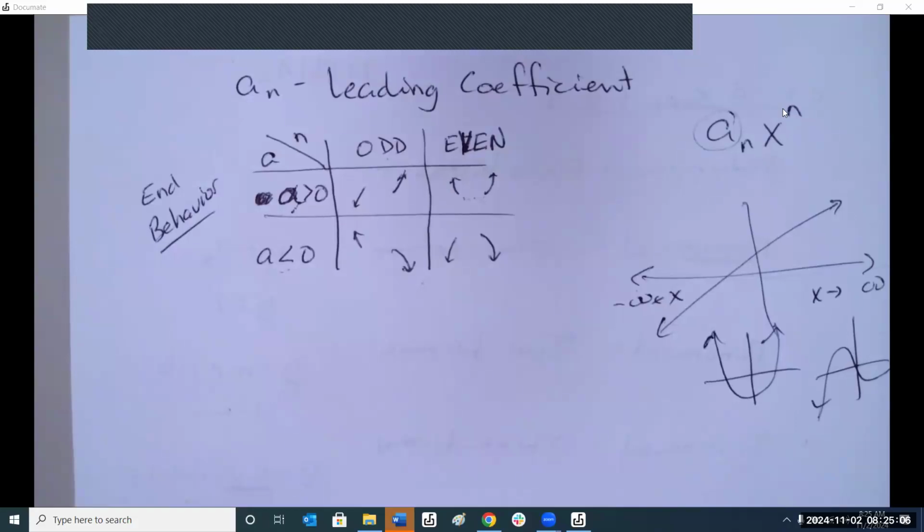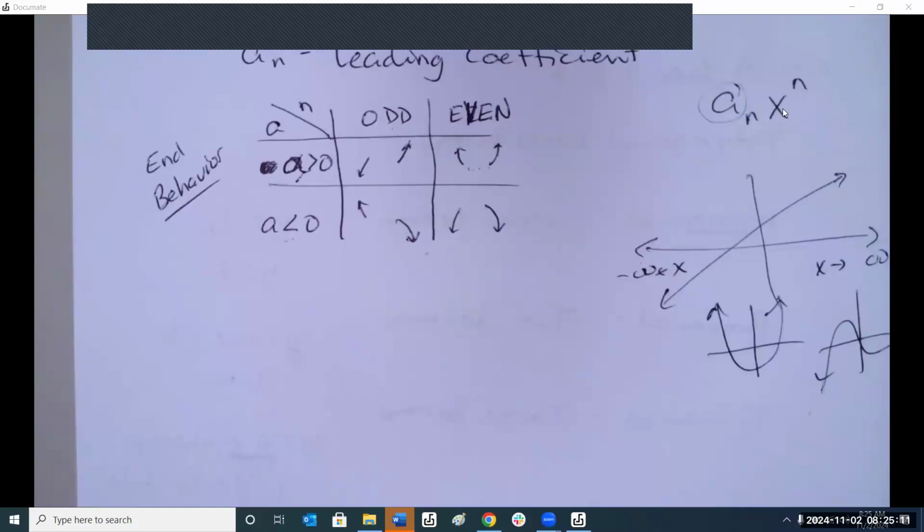This is going to help us graph polynomials. How?